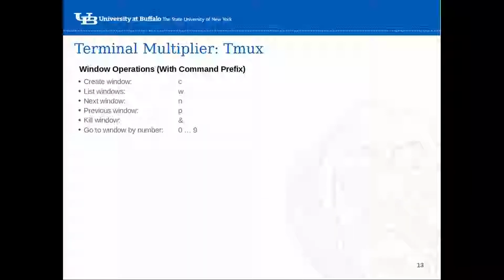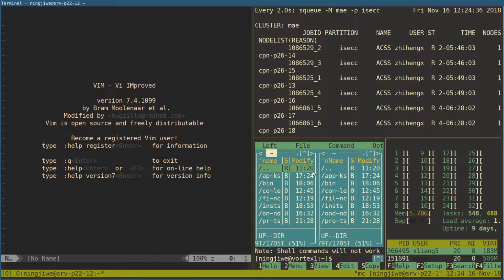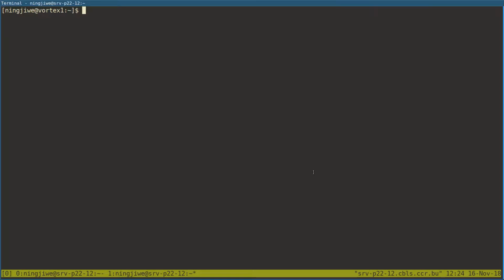And the last one is, as I said before, all about window operations. So still we need to use the prefix command, that is Control B, and C is create a window. Let's try that. So Control B, C, we create a new window, right?